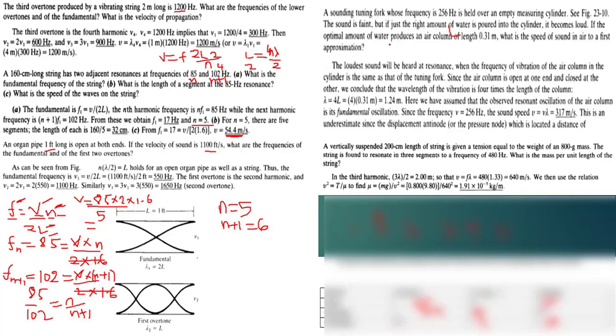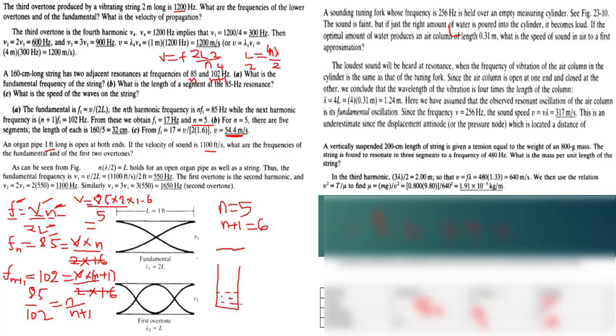If the optimal amount of water produces an air column of length 0.31 meters, what is the speed of sound in air to a first approximation? So we know that if you put it in the beaker, you have a beaker, this is like a pipe closed at one end, then you are filling water.